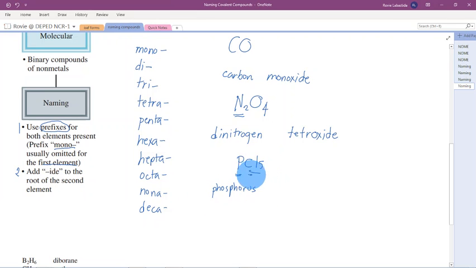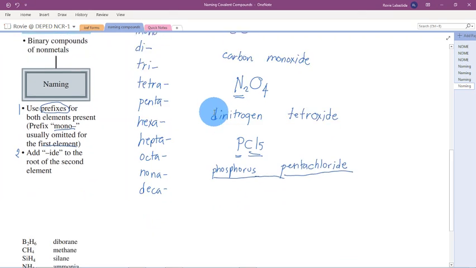Then name the second element: add -ide to the root term, chloride. Then we add the prefix penta to indicate that there are 5 atoms of chlorine, so that is pentachloride. So the name for PCl5 is phosphorus pentachloride. I hope that is already clear.